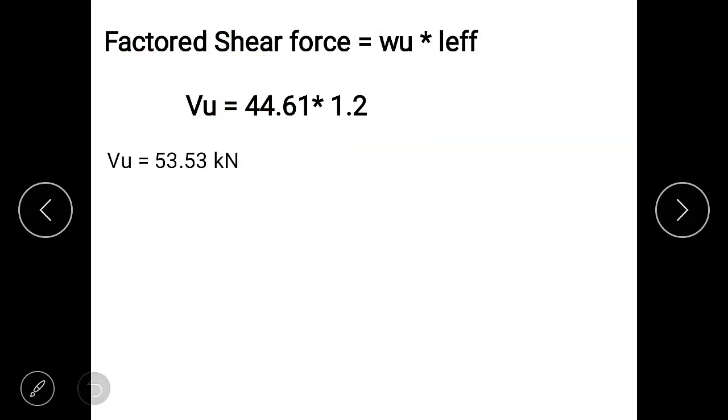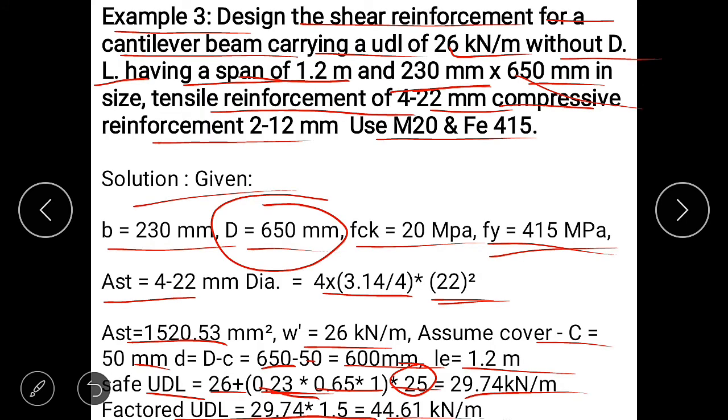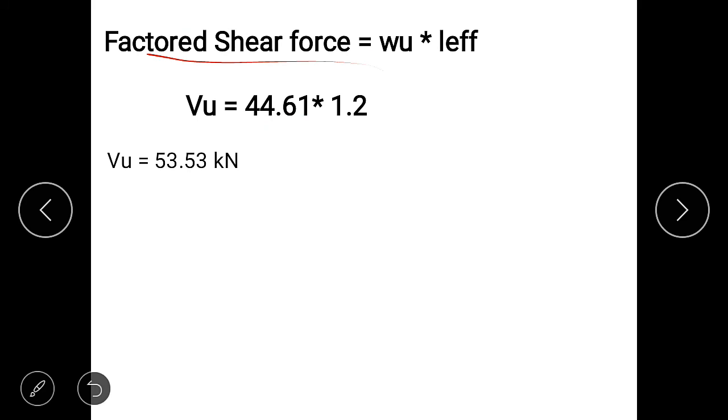So now we have to find here factored shear force VU. Here in this example, the beam is given as a cantilever beam. So the formula to calculate factored shear force is WU into LE, L effective.